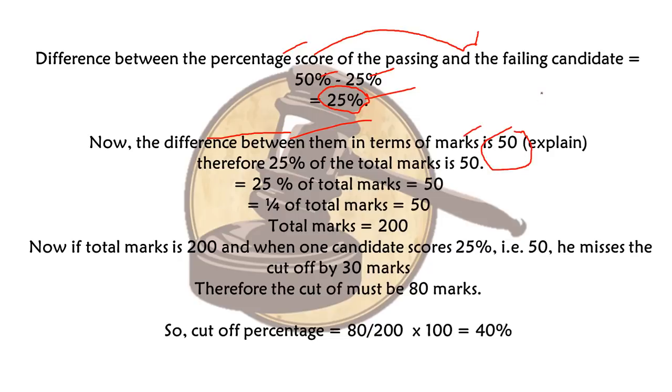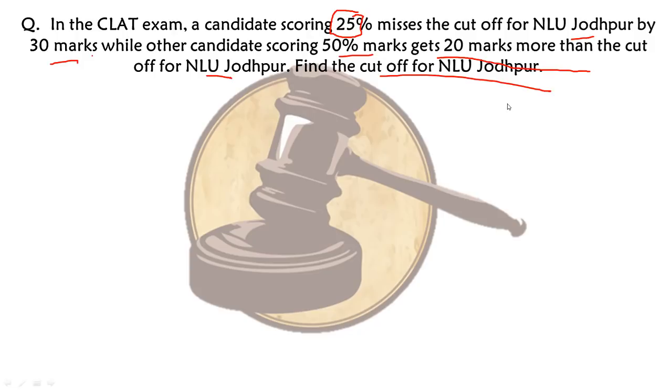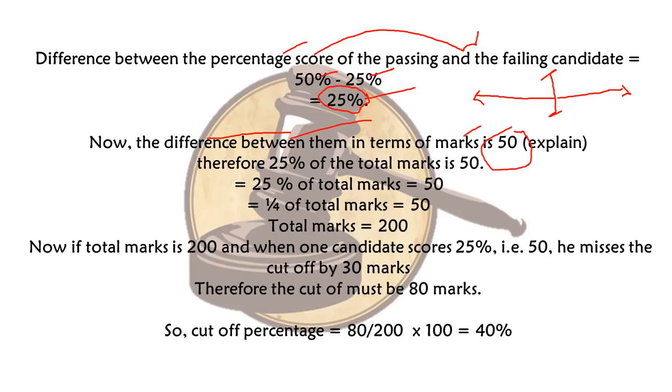Now I'll explain why. Let's assume this was the cutoff of NLU Jodhpur. Beyond this, everyone is taken in. Beyond this point, everyone is rejected. Now the candidate who did not make it to NLU Jodhpur missed the cutoff by 30 marks, right?